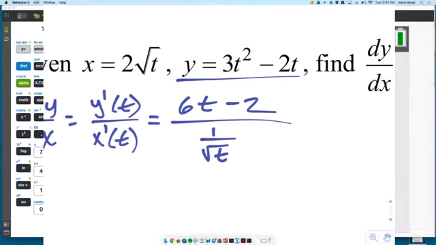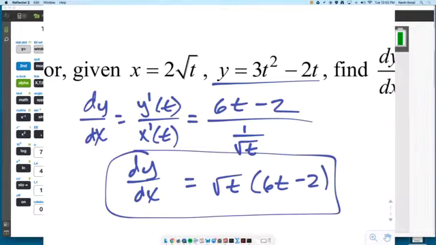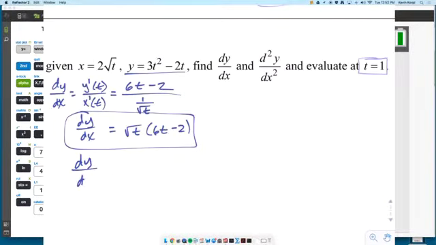Now, if you wanted to simplify that, change and flip, you get the square root of t times 6t minus 2. And so here we have an equation that gives us essentially the tangential velocity, if you want to think about it in terms of motion, in terms of t. So now if we want to figure out what dy dx is when t equals 1, we'll use Leibniz notation, dy dx at t equals 1.